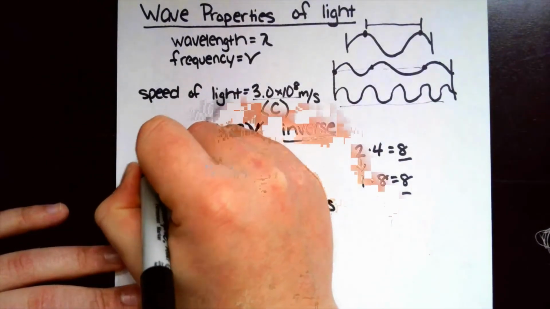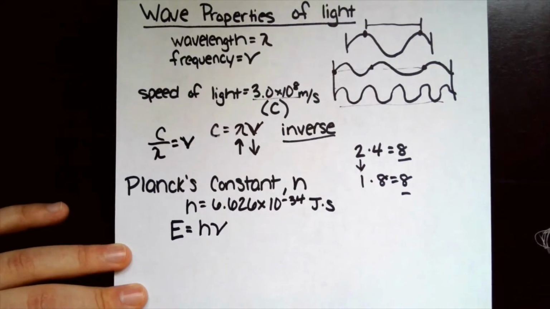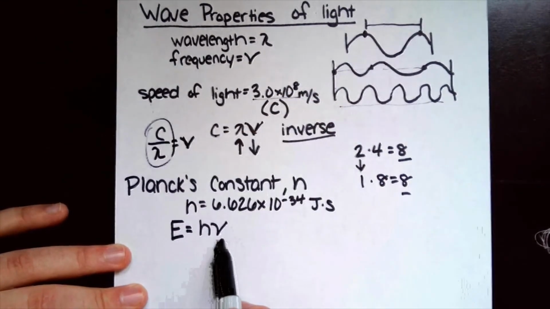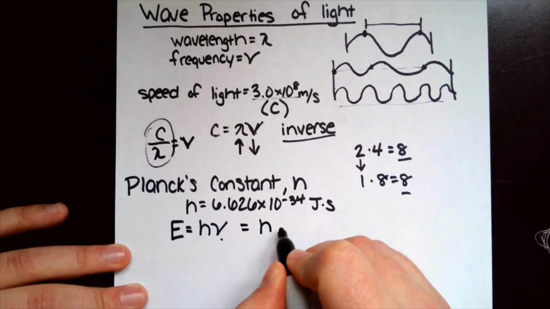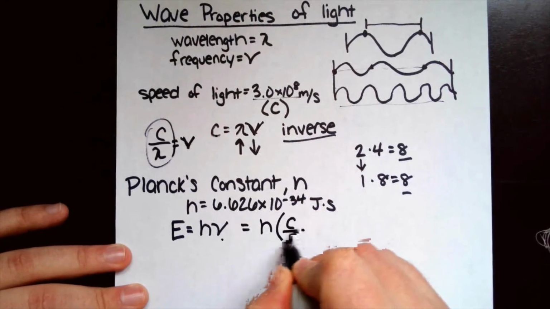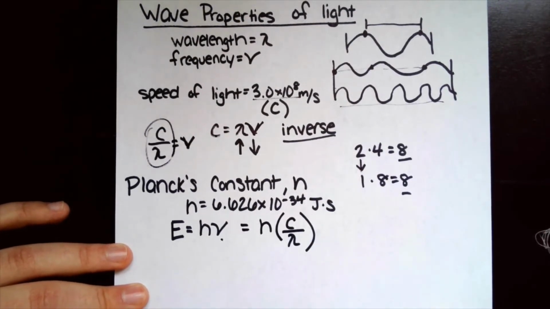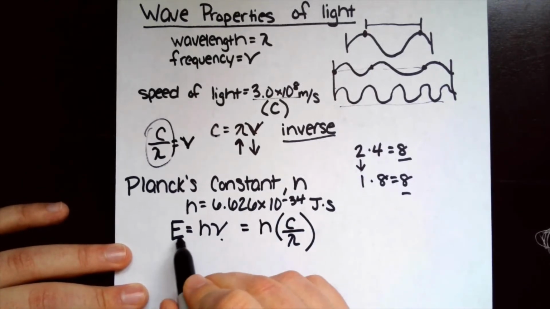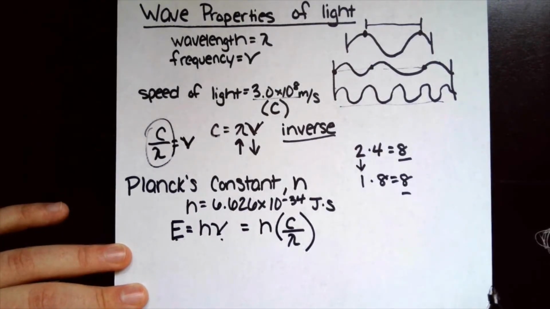So let me show you. c over lambda equals frequency, so we can substitute this in right here. Then we can say E equals h nu, which also equals h times c over lambda. The E is the energy, and this tells us that energy and frequency are directly related, so if one goes up, the other goes up.